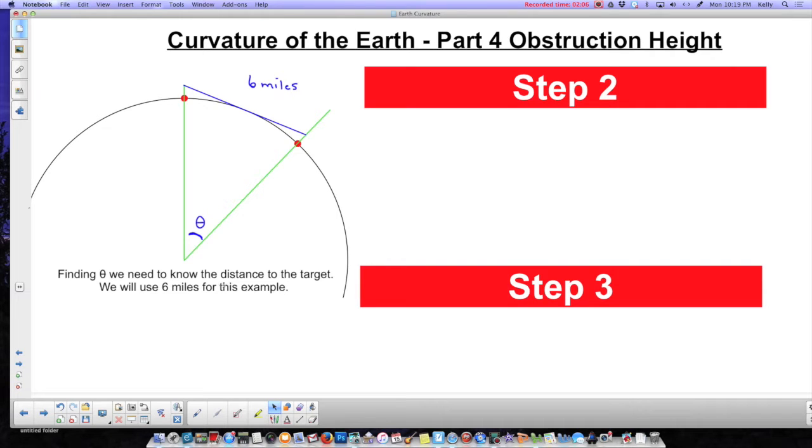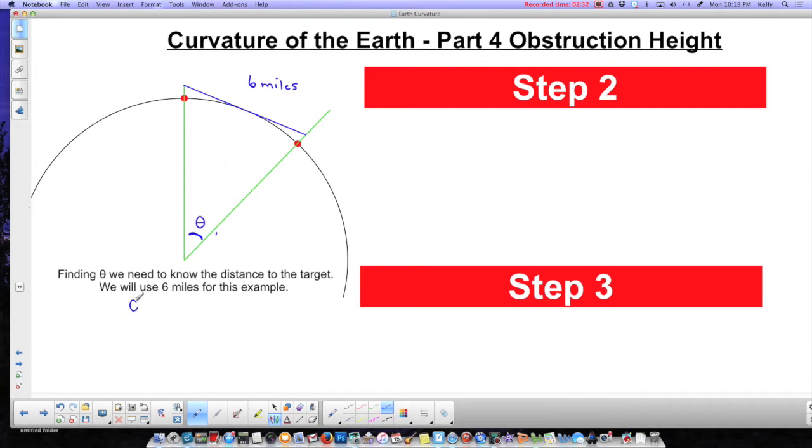So finding theta, we need to know the distance to the target, which I've just said is 6 miles along this curve. That 6 miles is not this straight line distance, but along the surface of the Earth. And notice right now, to find this theta, I don't need to know how high this is, but we're going to take that into consideration later.